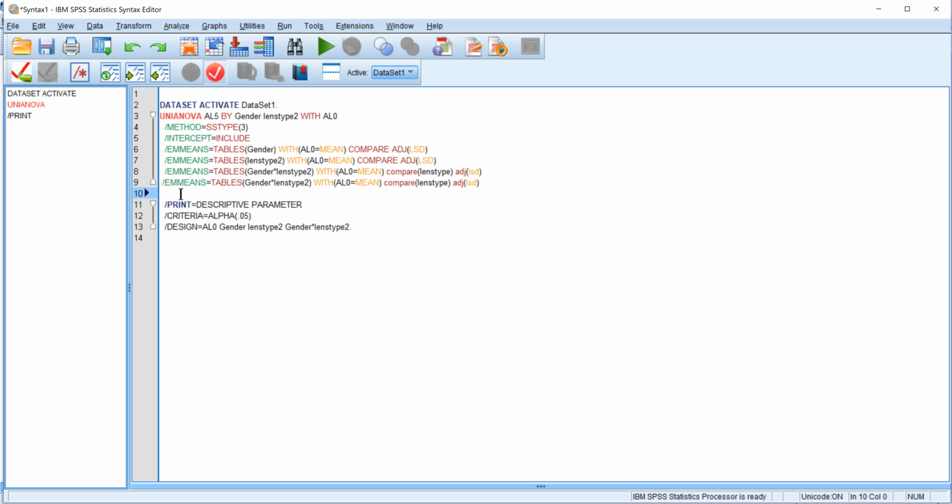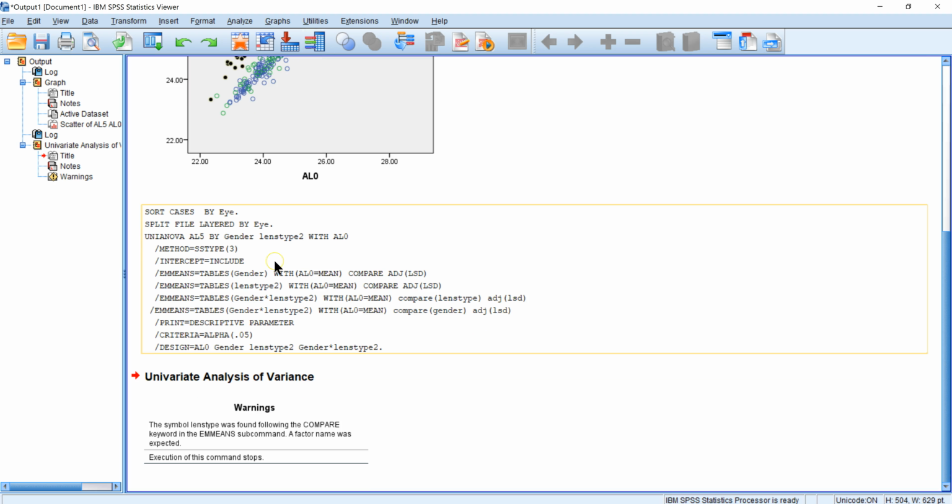And here, I'm going to change lens type to gender, and that will let us tell, for the people getting aspheric lenses, if there's a difference between male and female. So it's somewhat questionable if this is a legit post hoc test, but it's something that can give us an idea of the differences. All right, let's run that.